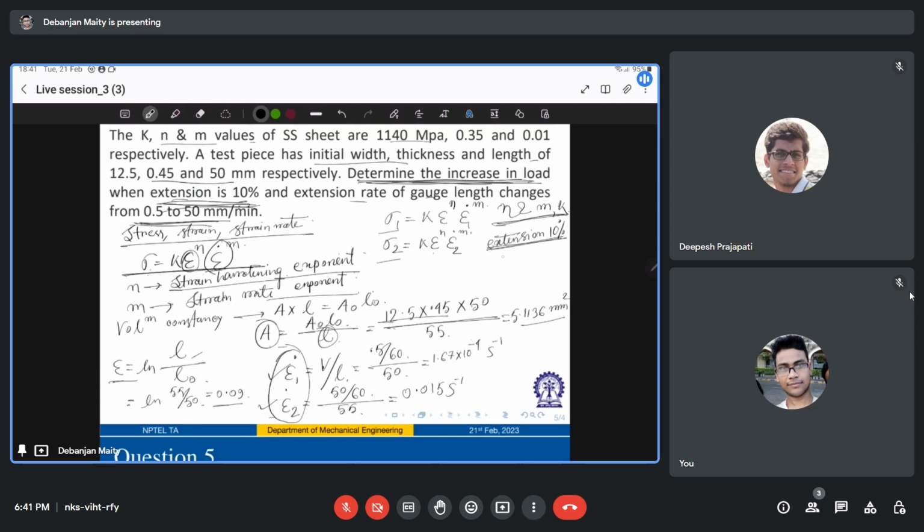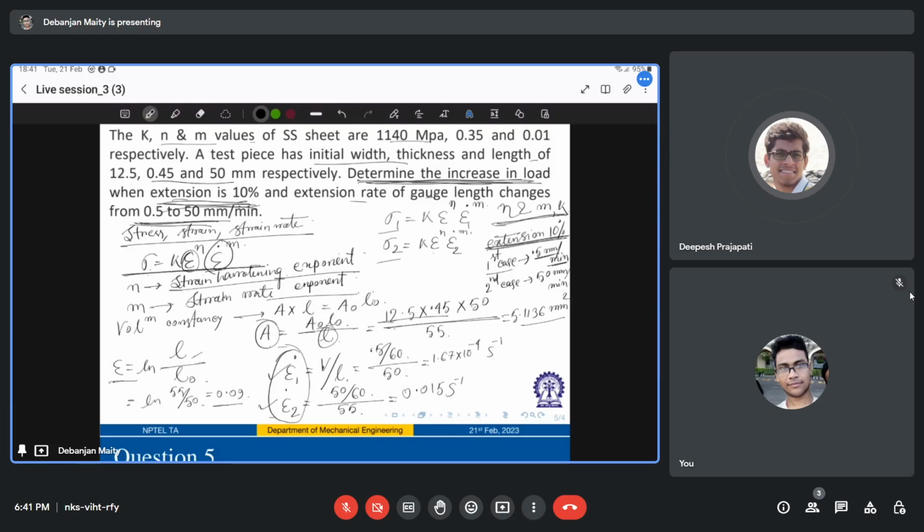Whenever you are having this extension as 10%, the first case is you are doing the extension at 0.5 mm per minute. This is the rate of extension. And the second case is 50 mm per minute. So for the second case, this is the rate of extension. The extension is the same for both the cases. Are you getting it?